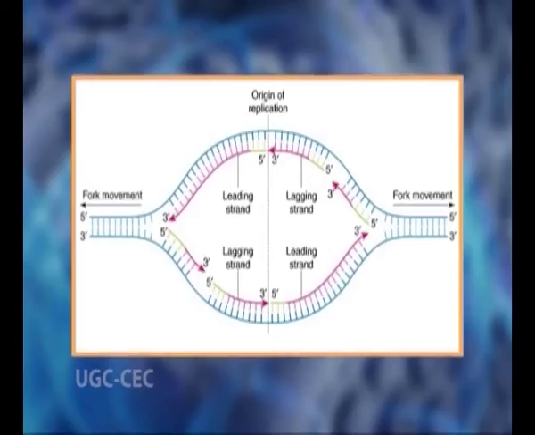A second possibility entails one origin and one growing fork, the point where DNA replication occurs, which moves along the DNA in one direction with both strands of DNA being copied. Certain bacterial plasmids replicate in this manner. A third possibility is that synthesis might start at a single origin and proceed in both directions so that both strands are copied at each of the two growing forks.